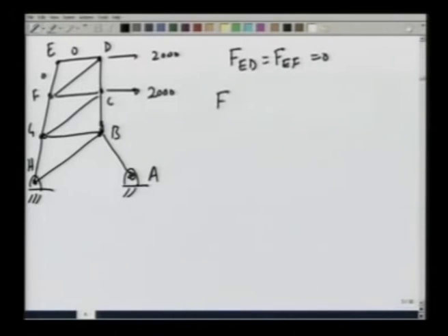We obtained F_DF equals 2000 over cosine of theta 1.